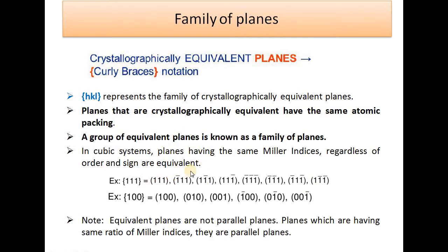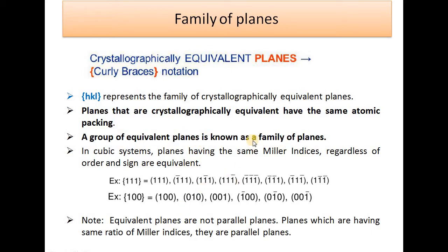It means that a group of planes having the same Miller indices, but in which the order of the indices or their signs may be changed, gives us a set of different planes having the same Miller indices. Such a group of planes is known as crystallographically equivalent planes or a family of planes.